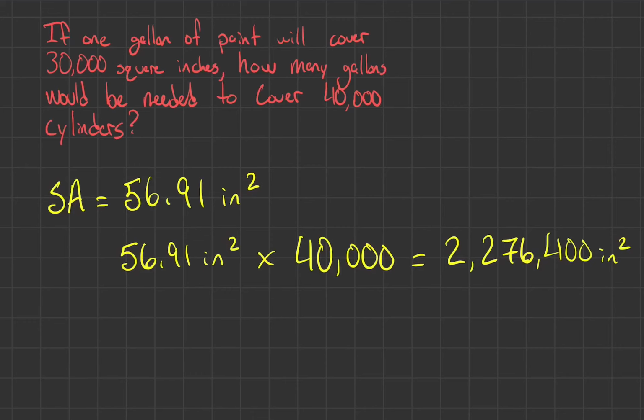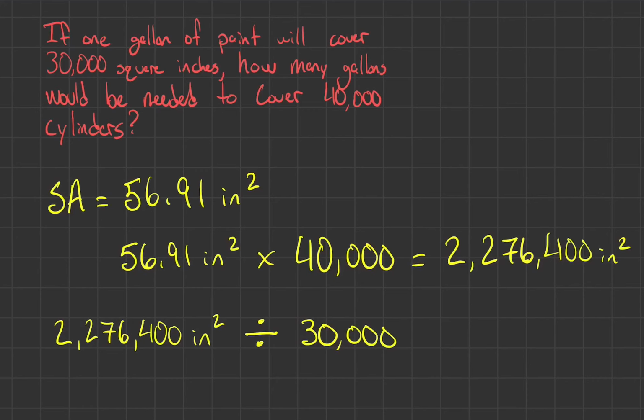Okay, and if we know that every gallon of paint is going to cover 30,000 square inches, all we've got to do is take our 2,276,400 square inches, and then we're going to divide that by 30,000 inches squared per gallon.